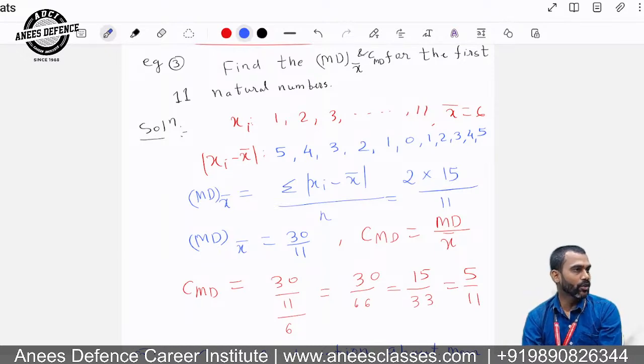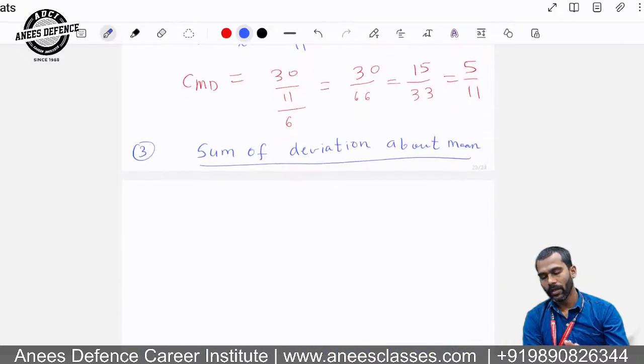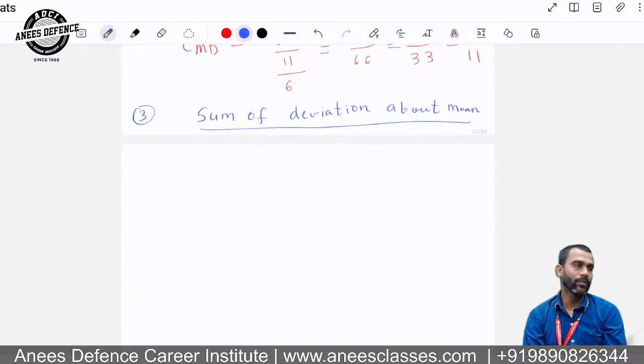So if mean and median both are equal, it means mode will be also equal. So here mean is equal to mode is equal to median. It means symmetrical data. And for symmetrical data, mean deviation about median is equal to mean deviation about mode and mean deviation about mean. Yes or no? Okay.